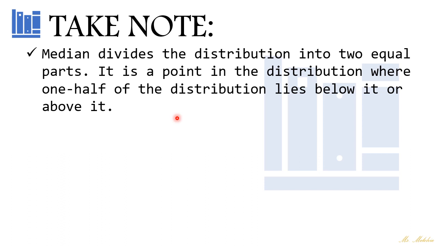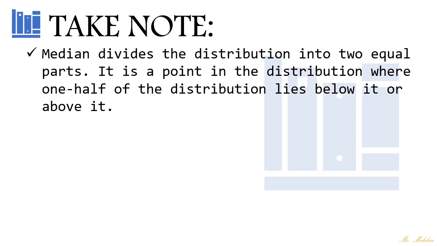But of course, sometimes, or mostly, we encounter instances wherein we are wondering what the score of the lowest 10% of the class is, or what the scores are of the top 10% scorers in this class, right?